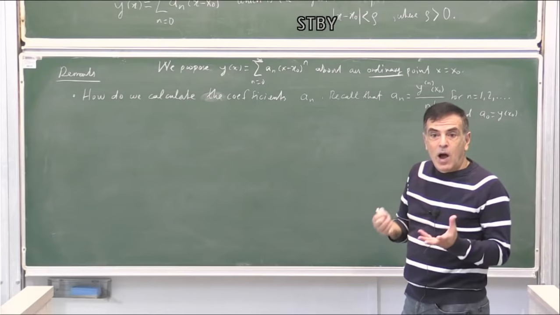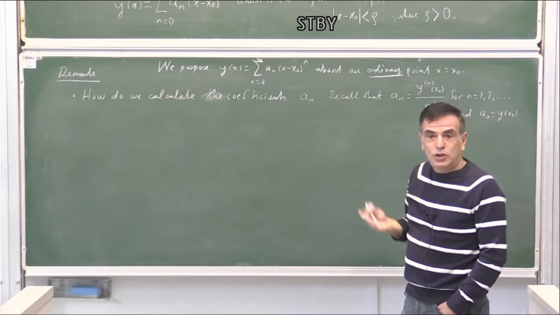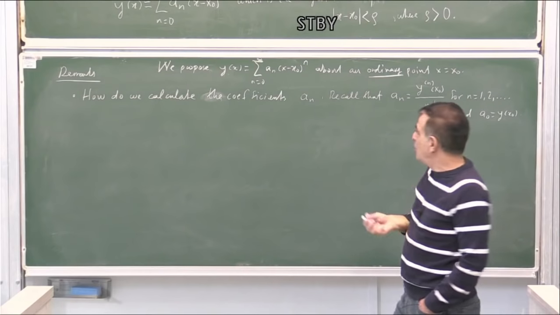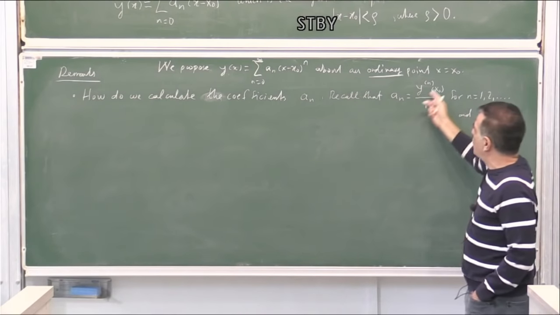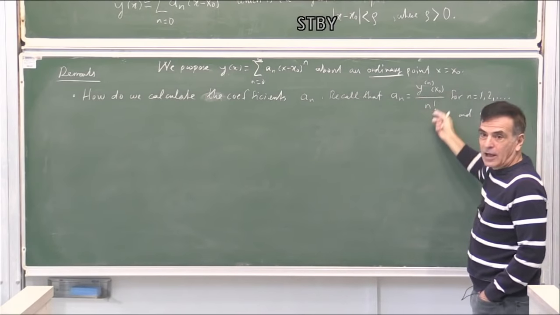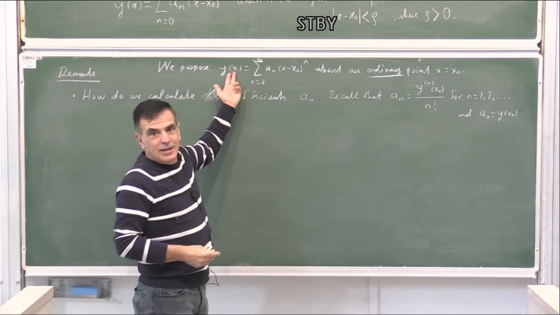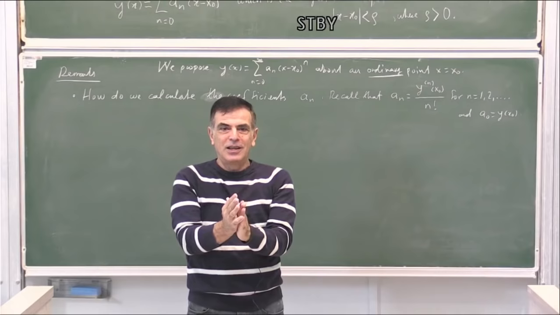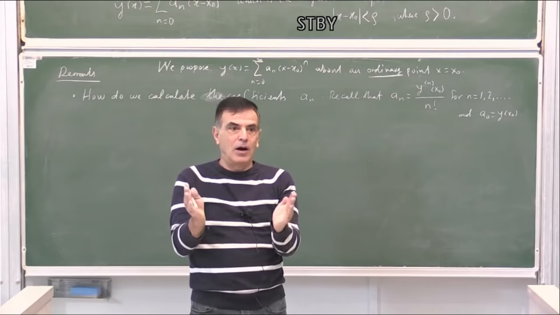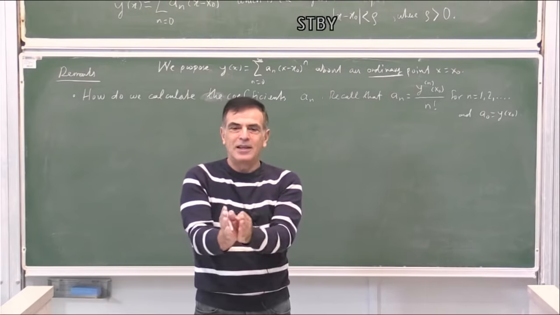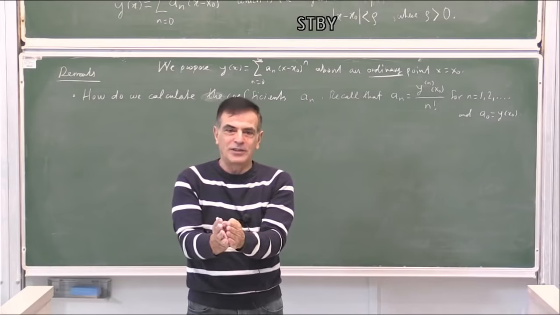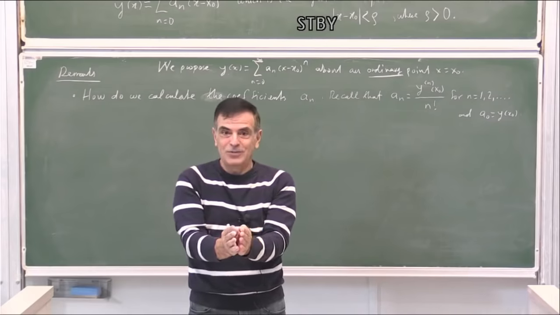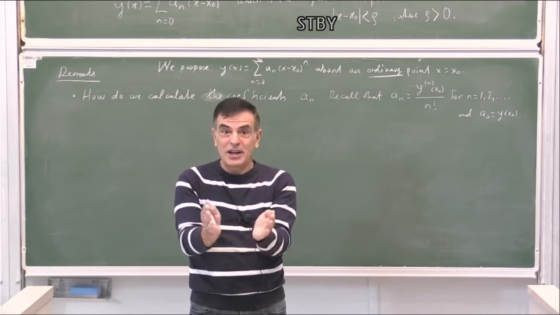But y is the unknown solution of the differential equation. So we cannot calculate the coefficient using this formula, which is valid when y is known. If y is known, remember calculus courses, given a function, our objective was to calculate its Taylor series or Maclaurin series for a given function, which is analytic and has a Maclaurin or Taylor series representation.